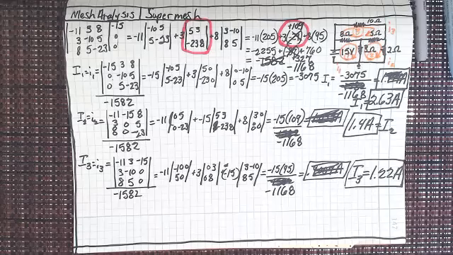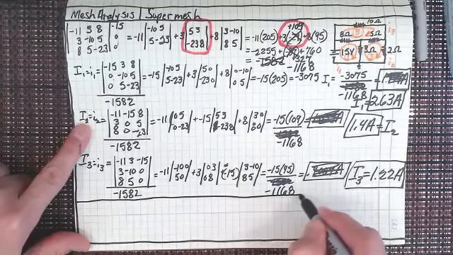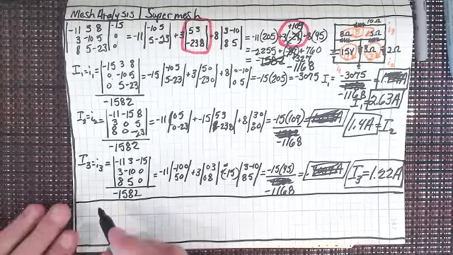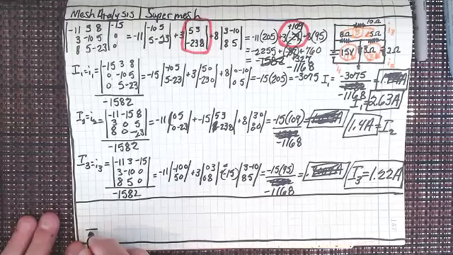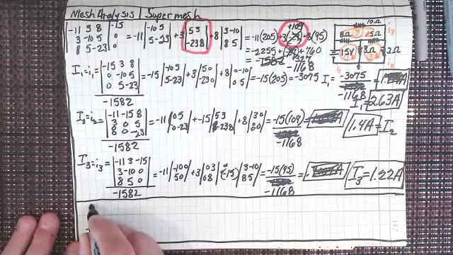So like I say, the next thing I wanted to do was super mesh, and super mesh, like super node, is where I have mostly voltage sources, but I also have a current source in there. So I want to look at a little example that has some voltage sources and some current sources.